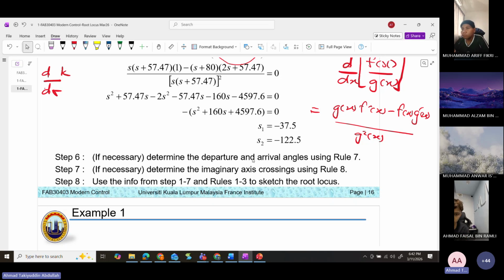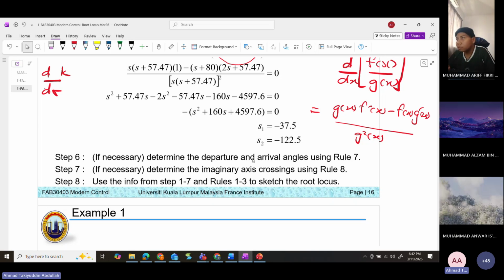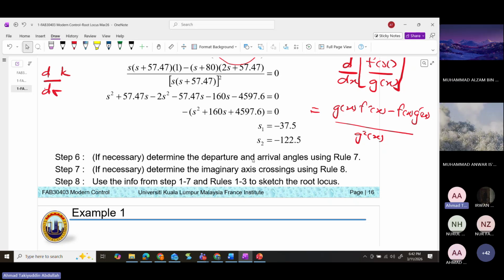So this imaginary axis crossing is definitely a consideration that we can know about, whether or not it must be in our consideration for the complete plot, or one of the steps for our solution or not.